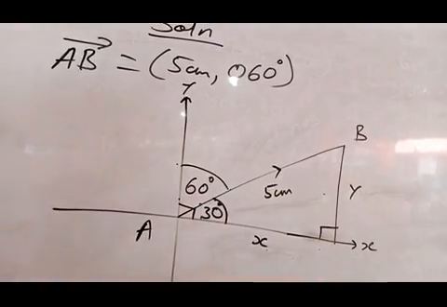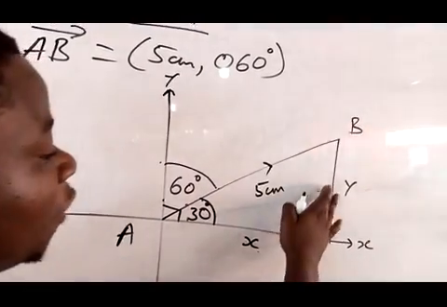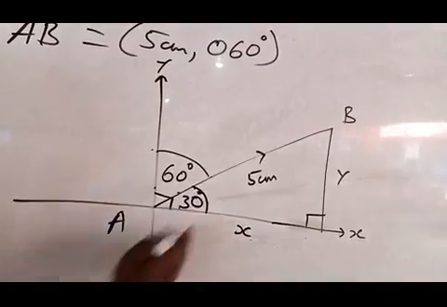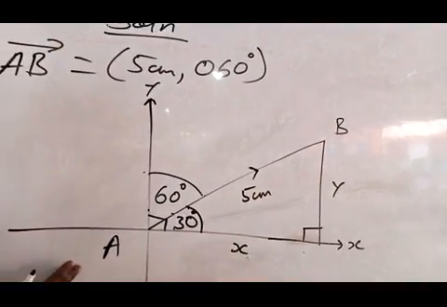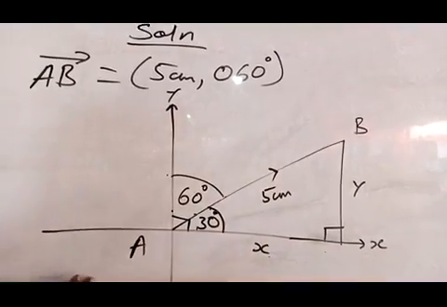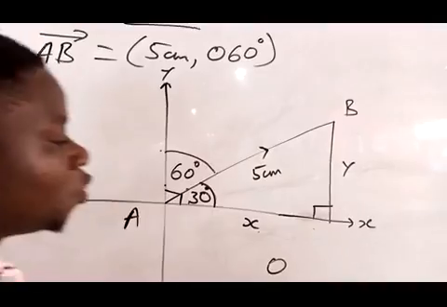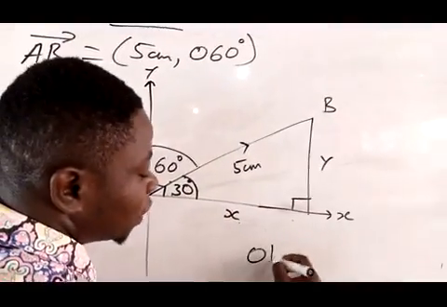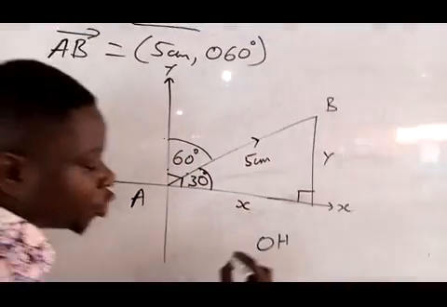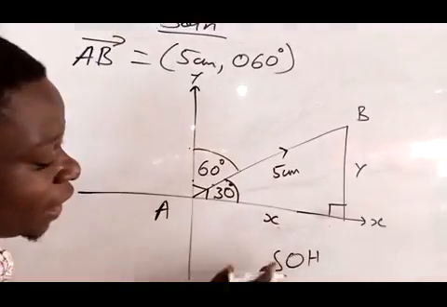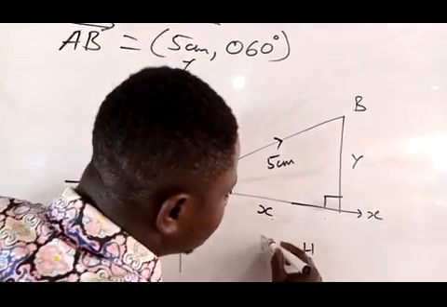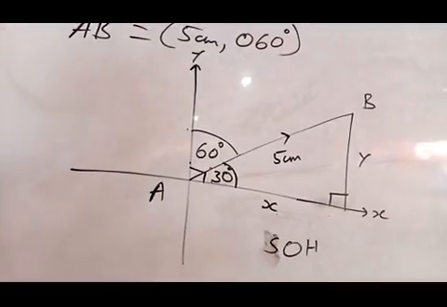We have the angle given, we have the hypotenuse. So this is opposite, which is O, this is hypotenuse, which is H. So we use the trig ratio that corresponds with the information given.